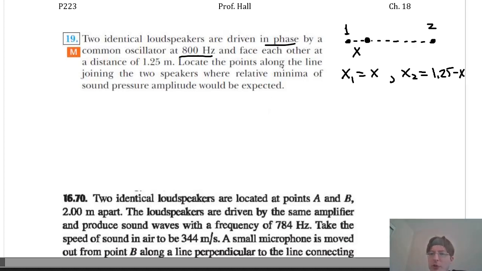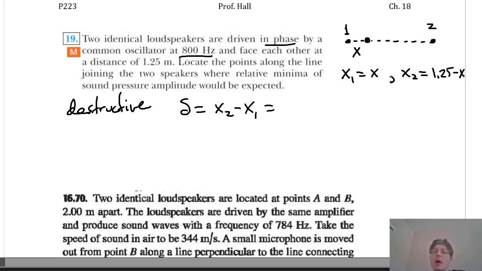Okay, so to locate the minima means you're talking about destructive interference. We're looking for the places where the path difference, which is x2 minus x1, which I can simplify, x2 minus x1 comes out to be 1.25 minus 2x, plugging in the two values for x1 and x2.